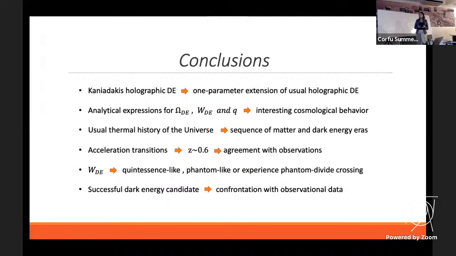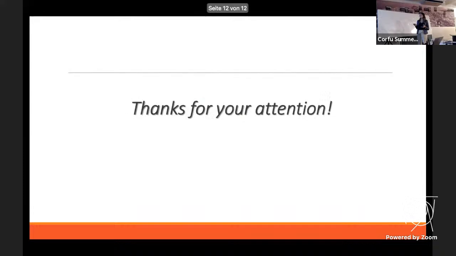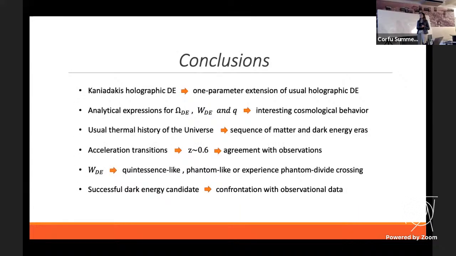To sum up, Kaniadakis holographic dark energy is a one-parameter extension of the usual holographic dark energy. The analytical expressions for W dark energy, omega dark energy, and q present an interesting cosmological behavior. The usual thermal history of the universe is a sequence of matter and dark energy eras. The acceleration transition is related with Z equal to 0.6, in agreement with observations.